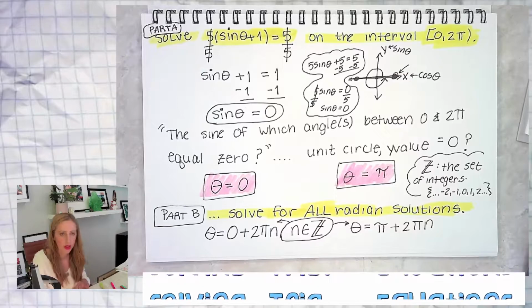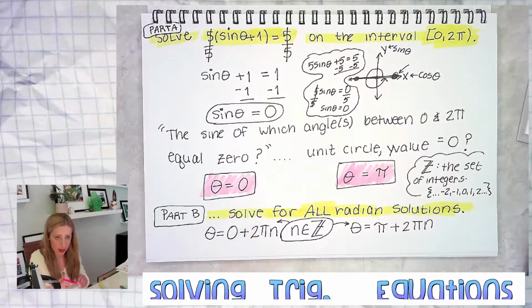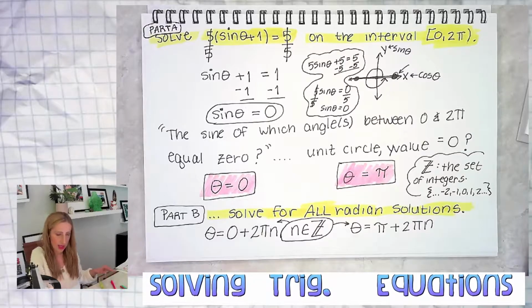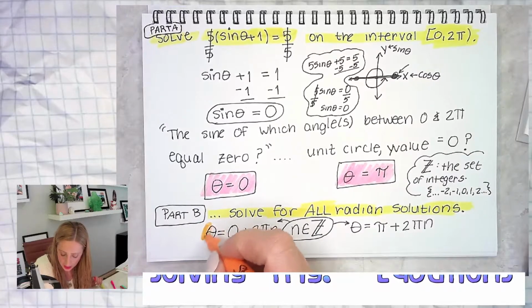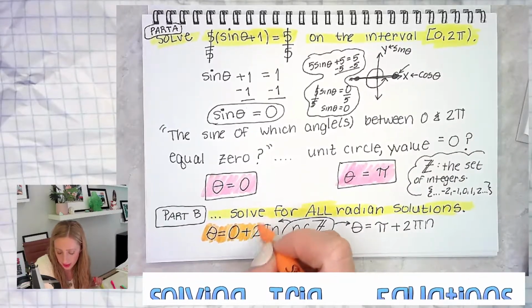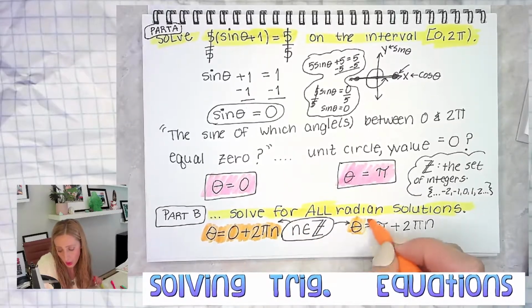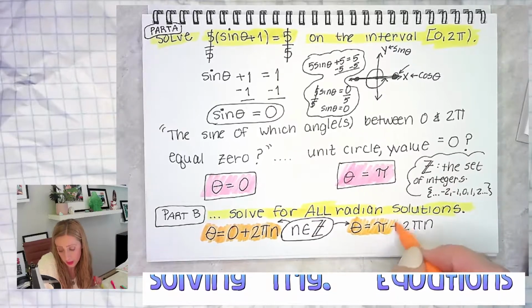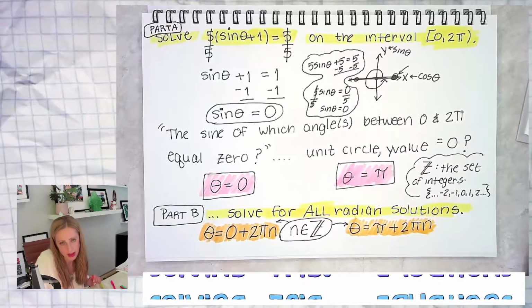However, do you girls see that you can take these two answers and we can consolidate them into one this time? We can't always do that, but I can actually take these two equations and compact it together into one equation and hit all the answers that overlap 0 and all the answers that overlap pi.